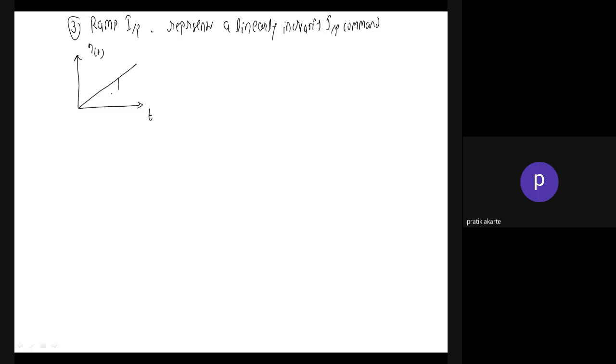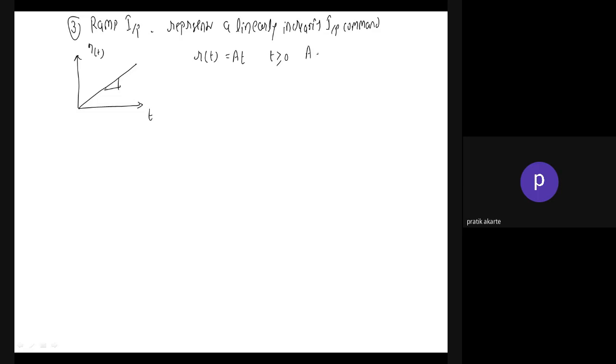We can find out the slope over here. Mathematically it can be represented as r of t is equal to a t, where t is greater than or equal to 0.